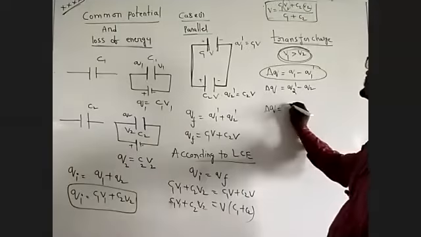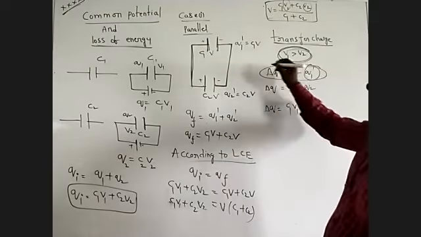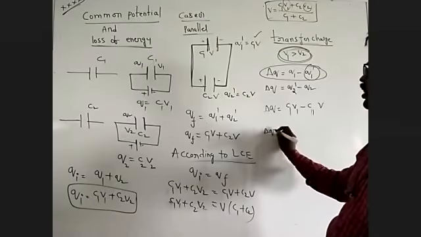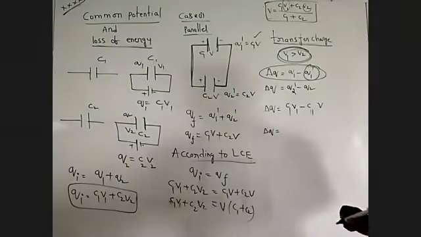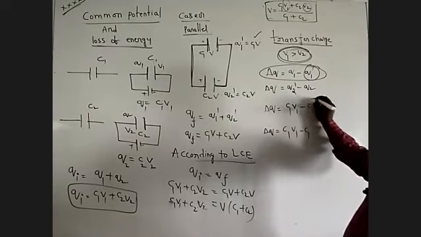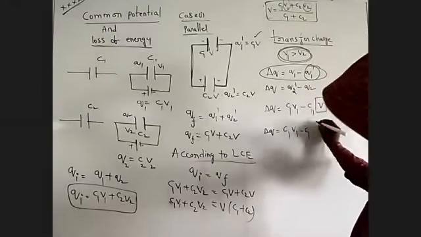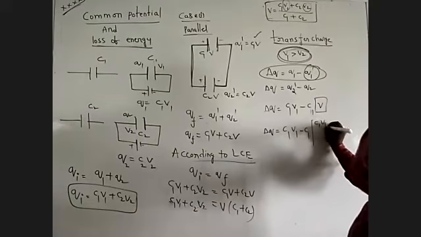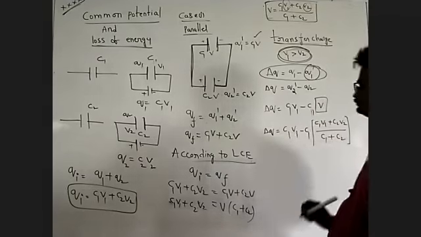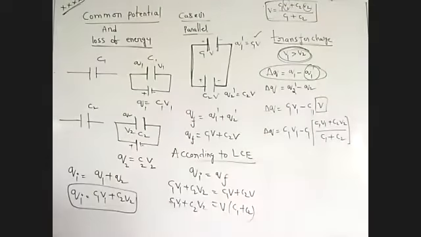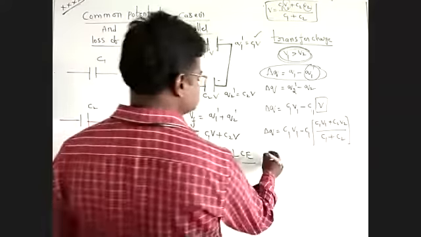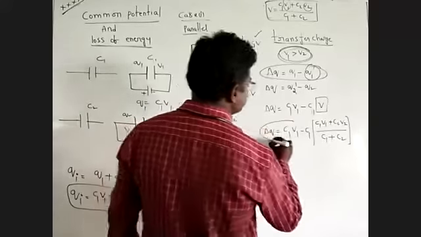Q1 is C1 V1, minus Q1 dash, which is C1 V. Delta Q is equal to C1 V1 minus C1 V, where V is the common potential, C1 V1 plus C2 V2 by C1 plus C2. Let's simplify this value.